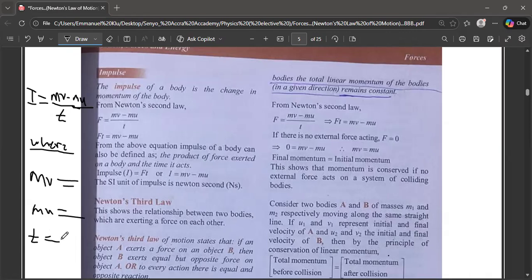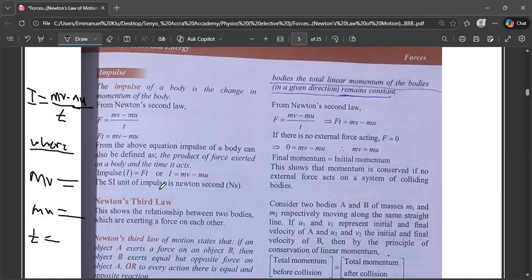That is why I always prefer formulas to definitions. With the formula, life is much easier. So from the above equation, impulse of a body can also be defined as the product of force exerted on a body and the time it acts. Impulse I is equal to force times time, or impulse is equal to the change in momentum of the body.